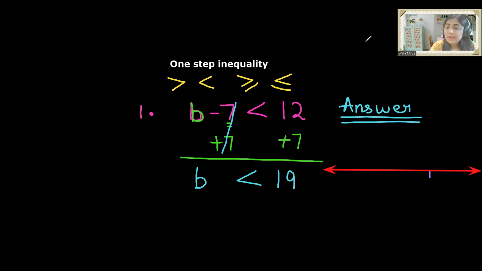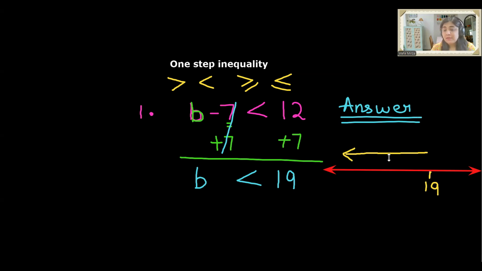Now what we are saying is that the value of b will be less than 19, right? So if the value of b is less than 19, you have to move towards the left side. b is not equal to 19, which means in your answer, 19 is not included.